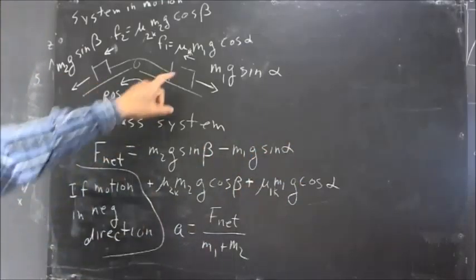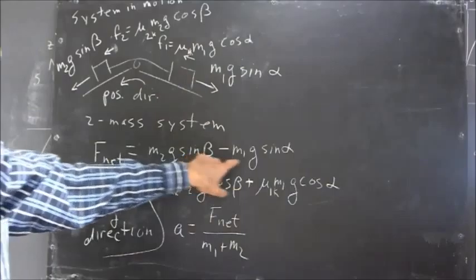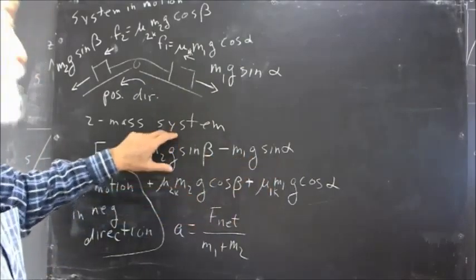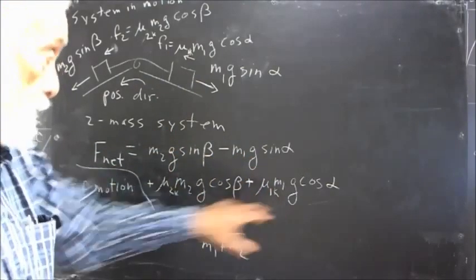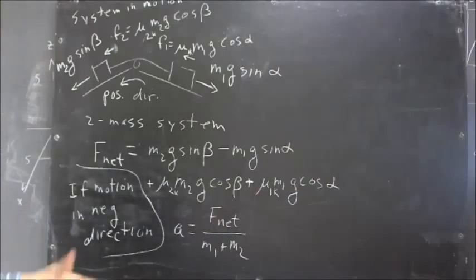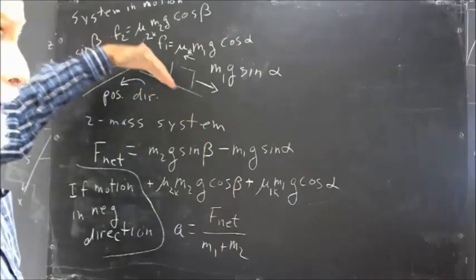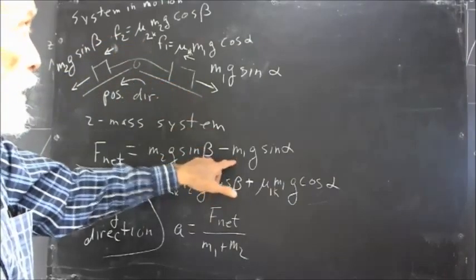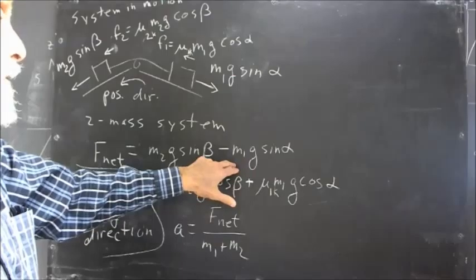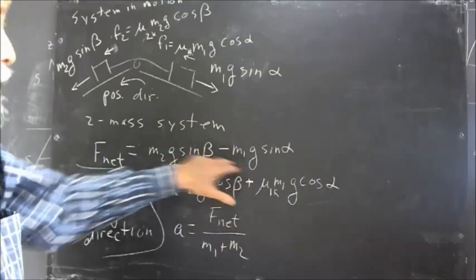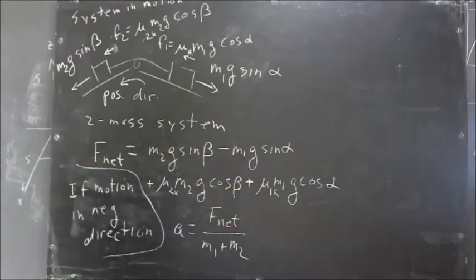If m1 is great enough, then this negative m1 sine alpha could be greater than all these other terms. And that would correspond to this incline being steeper, some combination of this incline being steep and a larger mass m1 than m2.